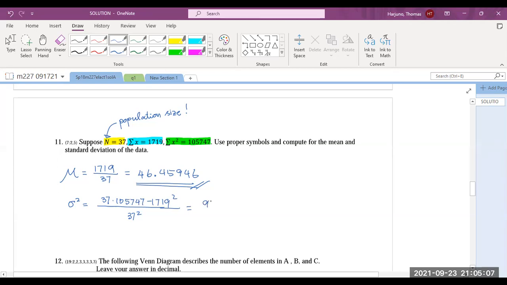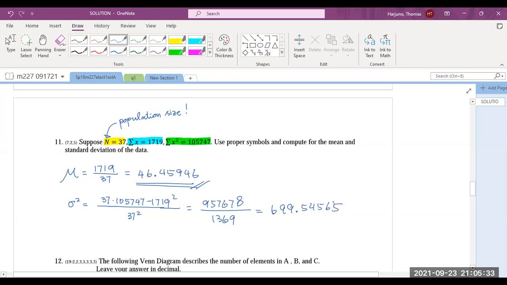I get 957,678 over 37 squared. That's 1369. So 957,678 divided by that number is 699.54565.